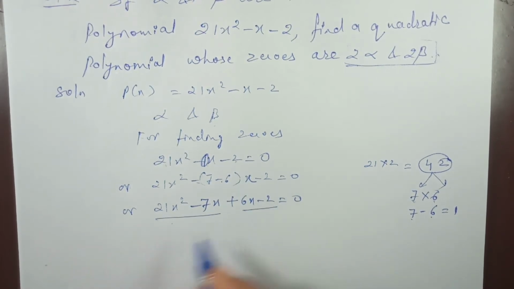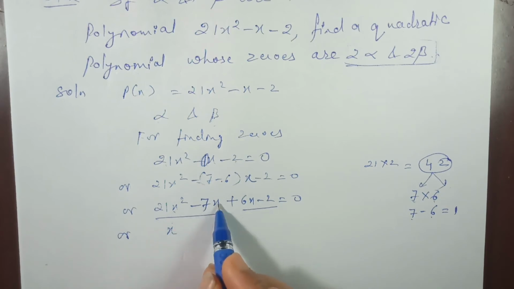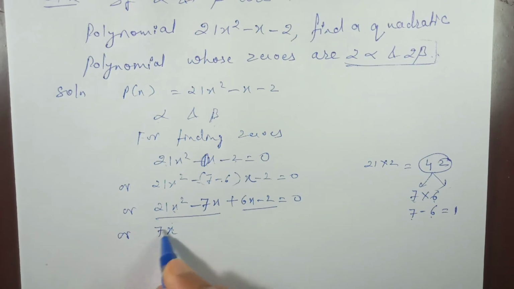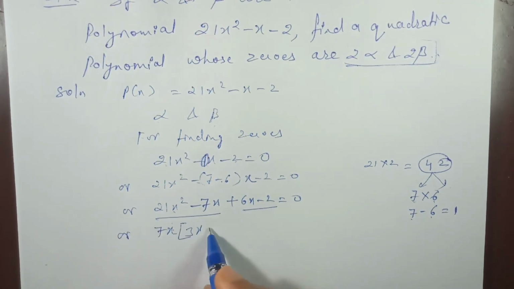From these two terms and these two terms, we're going to take the common factor. Both of them have the x term, and the minimum power of x is single. Both the numbers are multiples of 7, so we'll take 7 as common. 7 times 3 is 21, so 3x minus, in place of this we'll write 1. 7x times 1 is 7x.